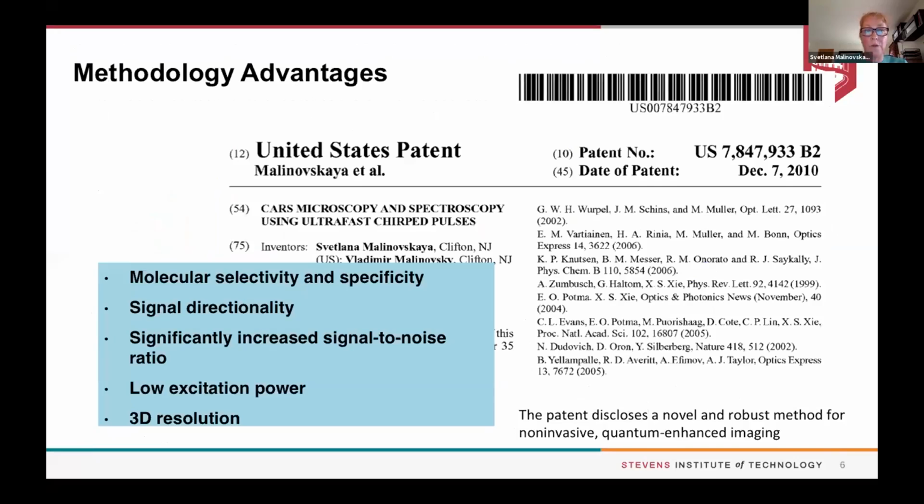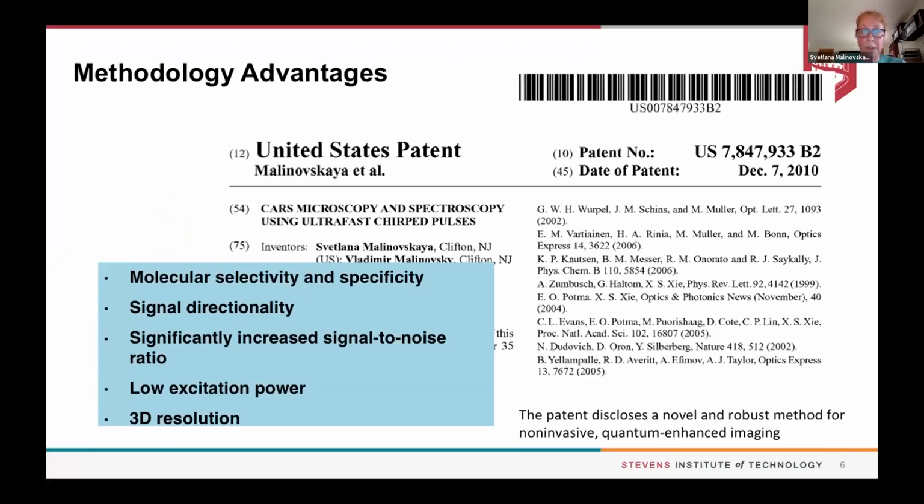So altogether, this methodology has a number of advantages, and one of the prime of them is that the intensity is increased by 3 to 6 orders of magnitude compared to the case when we don't shape pulses, and significantly more, maybe by 10 orders of magnitude, if we look into the spontaneous Raman process.